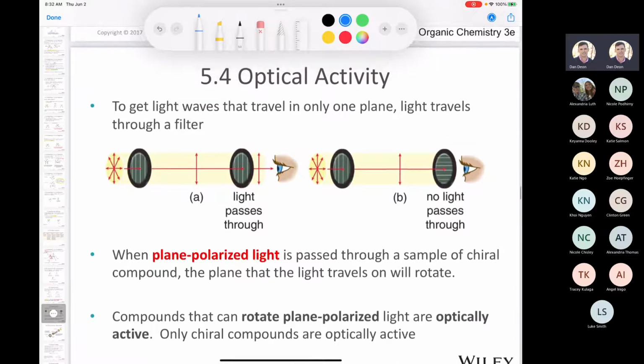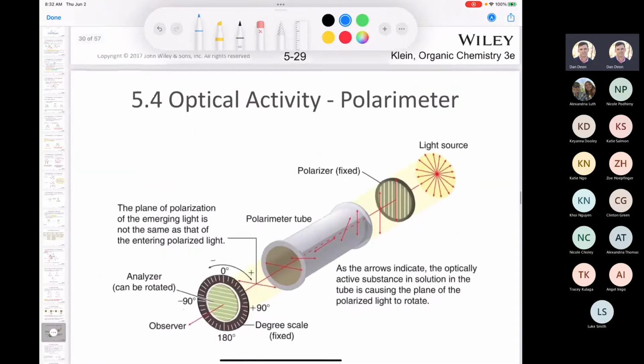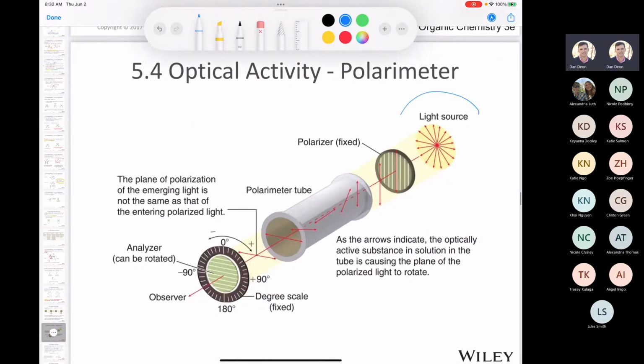So we know that if we have light emanating from some kind of source, so let's say we have a light source here, okay, let's just imagine that this is a light bulb, okay? Like Mr. Dion is not much of an artiste, but anyhow, here's our light bulb. Well, if you have a light bulb at home, you know that light is emanating from that light bulb in all directions, okay?